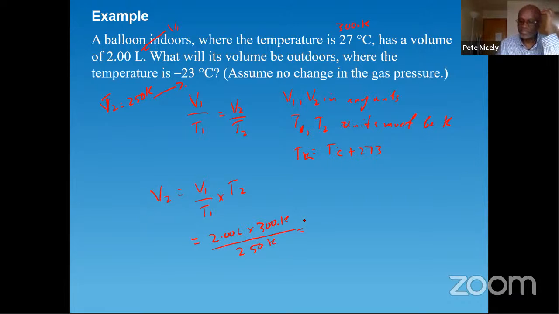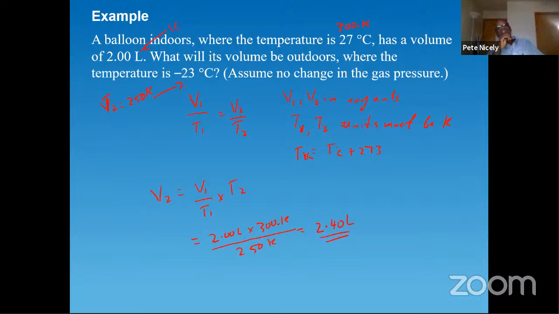Okay, so 2 times 300 equals that divided by 250. So the answer I got is 2.4 liters. In fact, to be more precise, 2.40 liters. So that's basically how that is done.